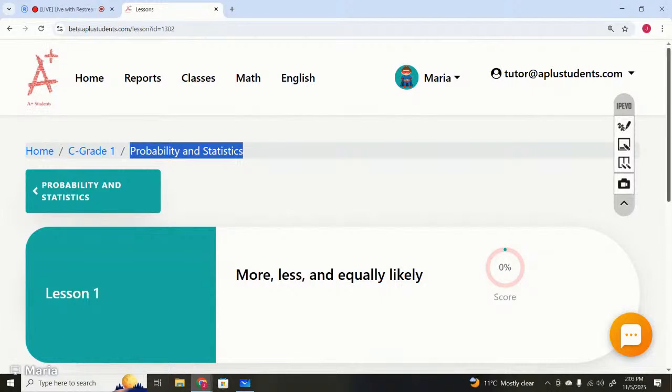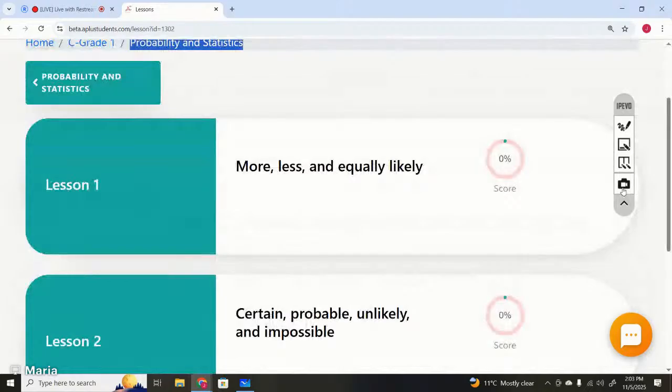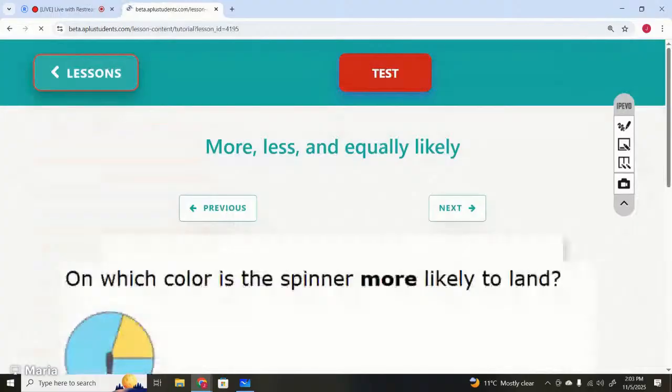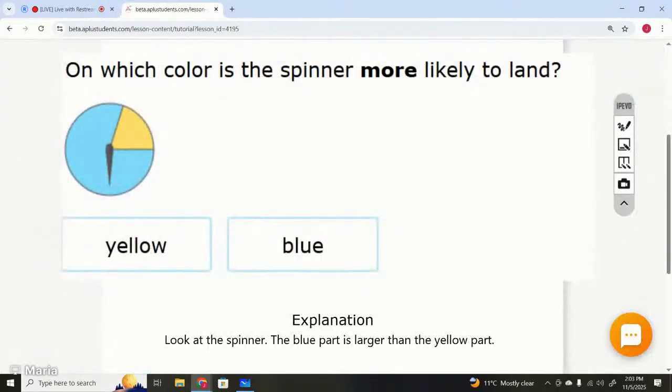Let's just start with the first lesson, that is more equally likely. Let's start with the first example on more likely to land. So let's just look at the spinner. The spinner has two colors, yellow and blue.